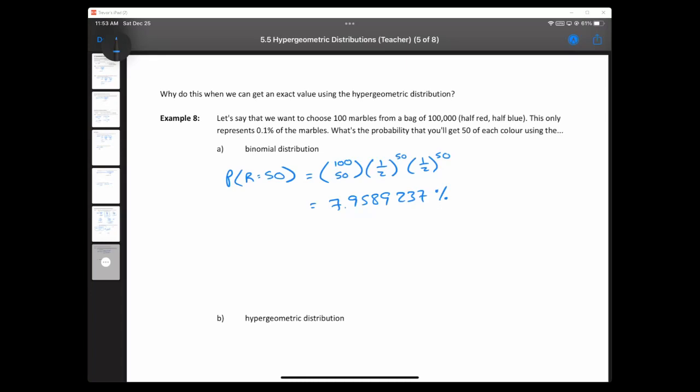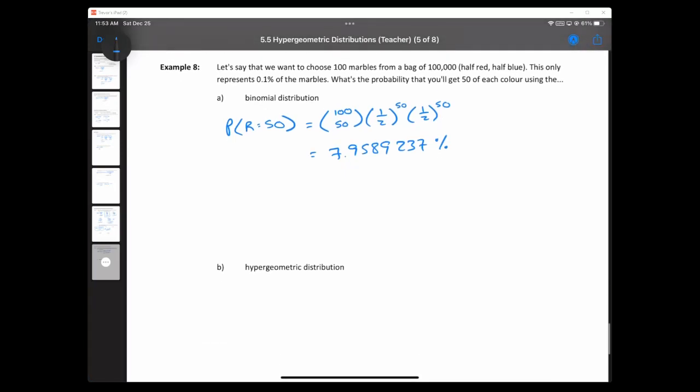Let's do this the proper way using the hypergeometric distribution and see why we might like the binomial approximation. So this is the probability of getting 50 red and 50 blue, just so that we're consistent with the notation we use for hypergeometric, our shopping list. Again, writing down red equals 50 is enough information.